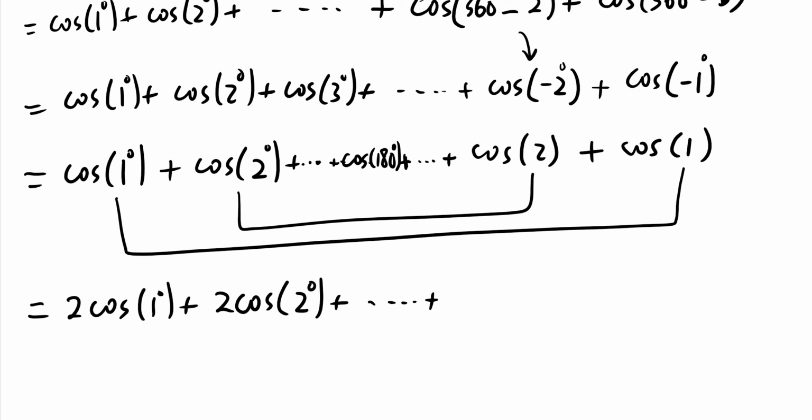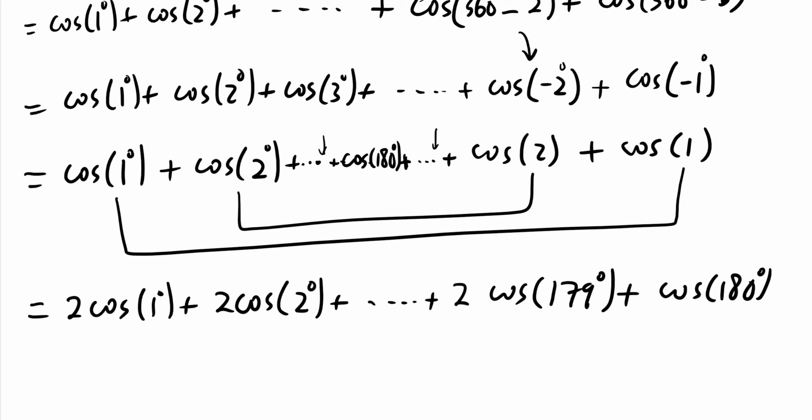The one right before this would be 2 cosine 179 degrees. And then we keep cosine 180 as is. If you'd like to find more terms, the one right before this would be 2 cosine 178 degrees.